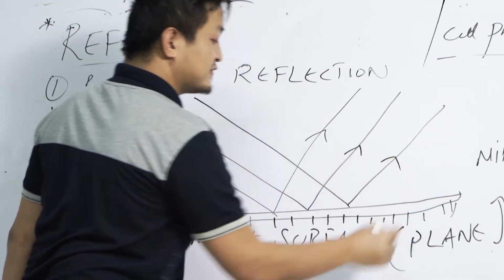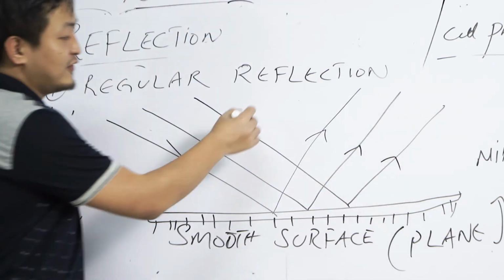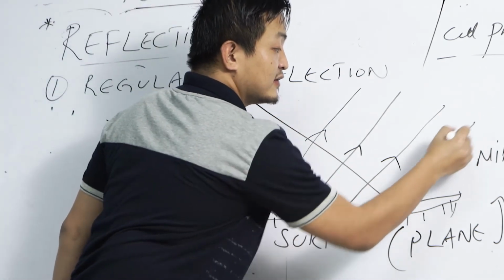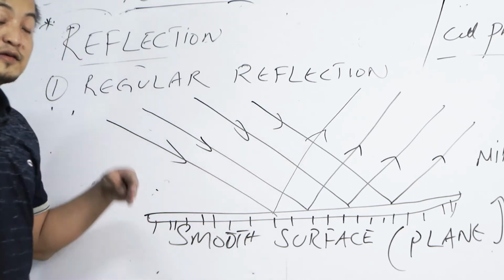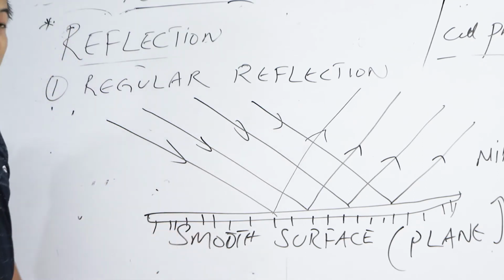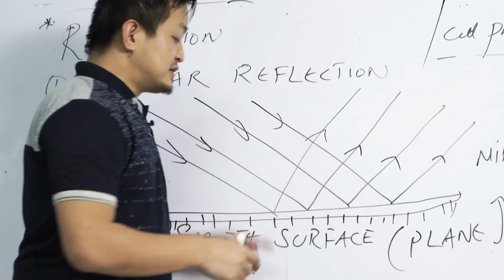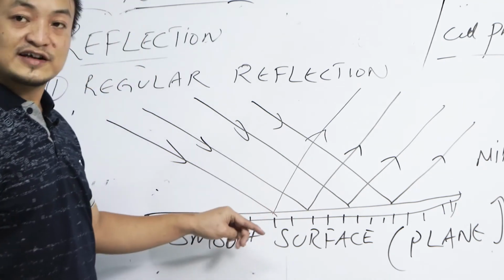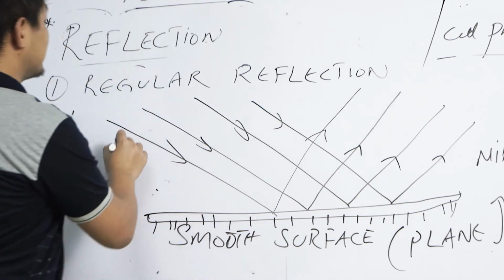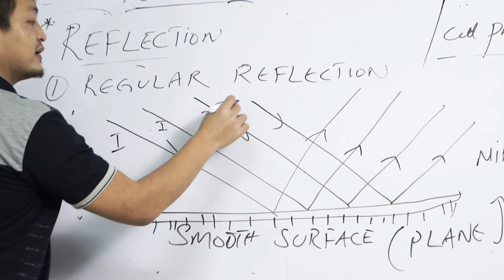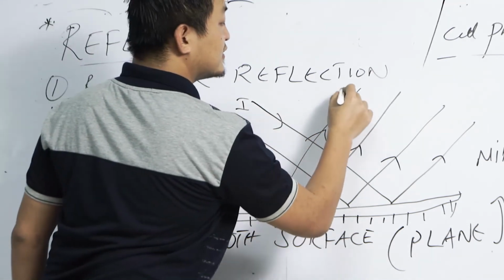So these are all the incident rays, and the ray that we get after striking the surface or after bouncing is the reflected ray. So this is the I, and this is the R.